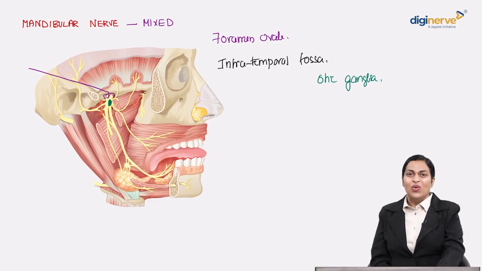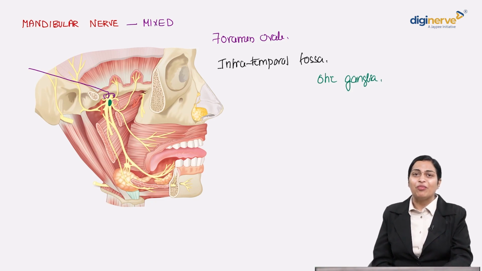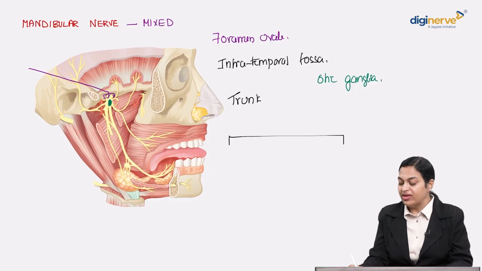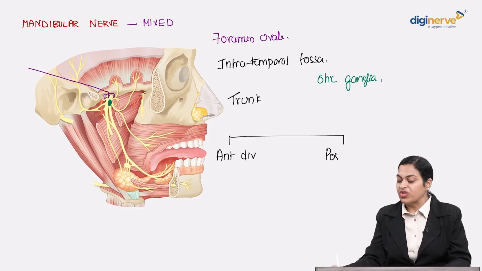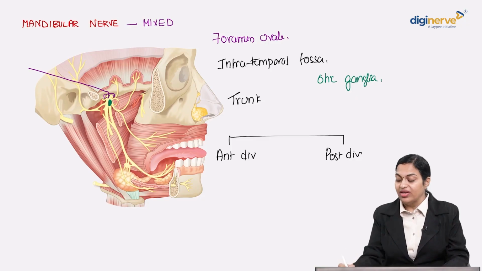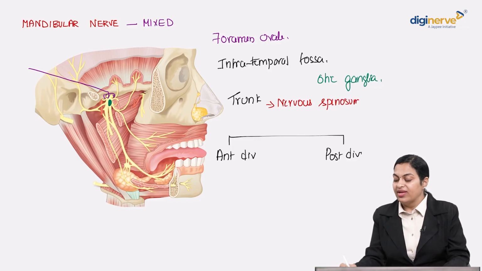And what are the branches coming from this mandibular nerve? It has a trunk. The trunk will then quickly divide into an anterior division and a posterior division. Branches coming from the trunk will include nervus spinosum and nerve to medial pterygoid.